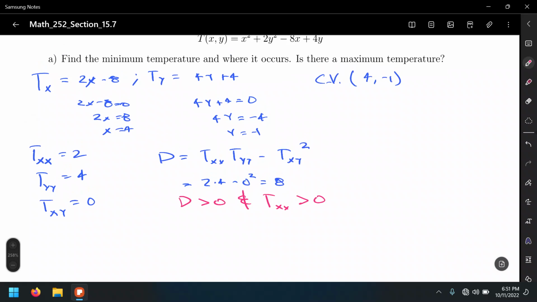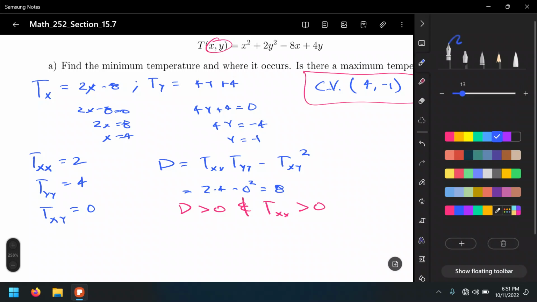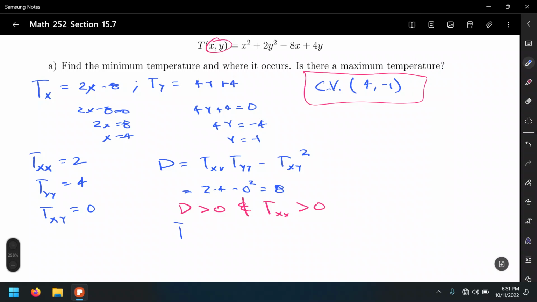So now they're asking us to find that minimum value. All we have to do is plug this point into the original function, that is, T of 4, negative 1.